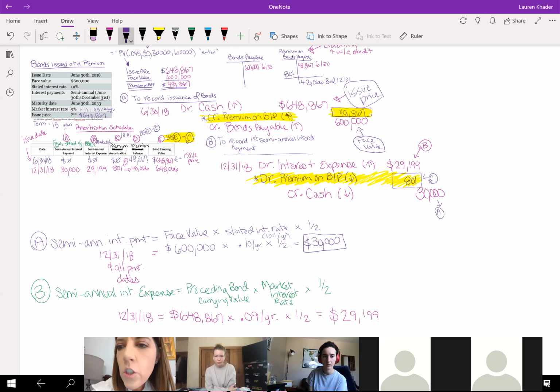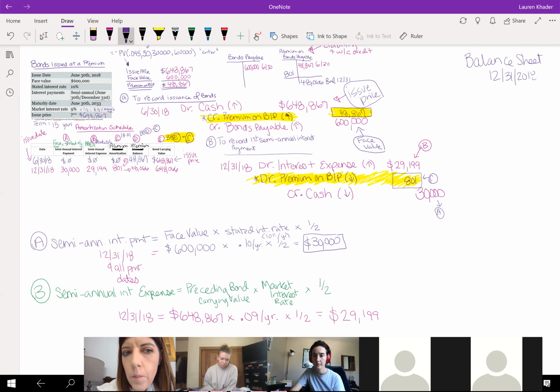So in my balance sheet at 12/31/2018, we're going to have bonds payable again, which was 600,000.